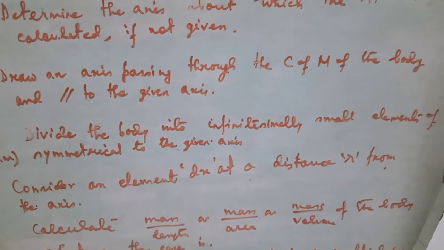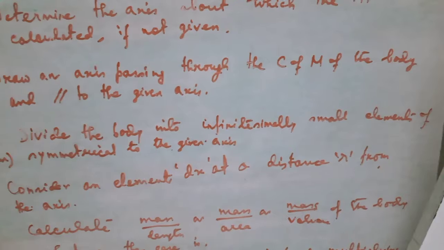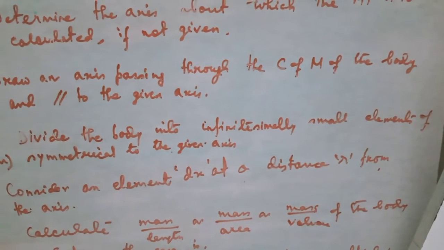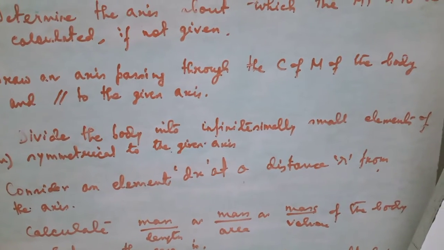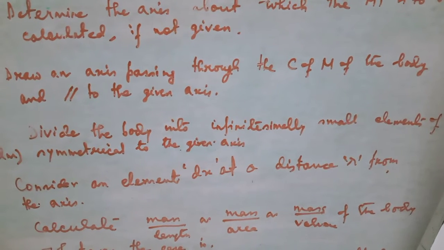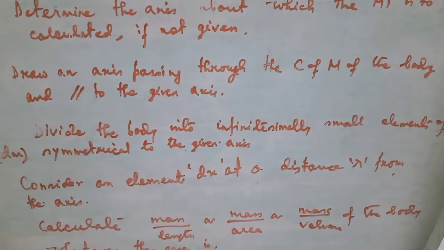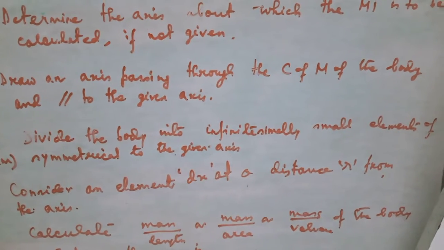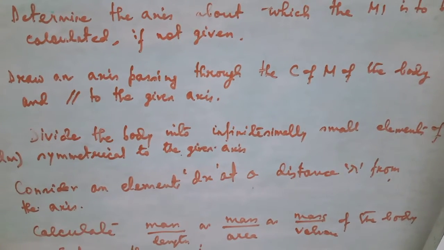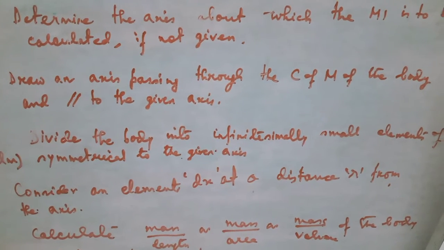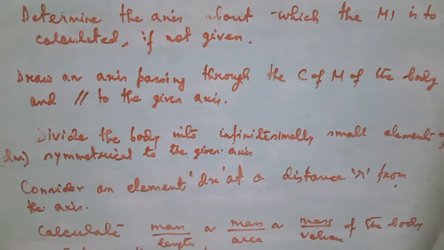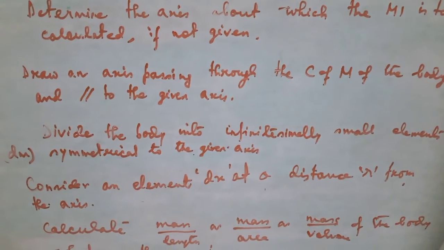Now calculate the mass per unit length, mass per unit area, or mass per unit volume of the body. If it is a rod of negligible width, you calculate mass per unit length. If it is a lamina, you calculate mass per unit area. If you are provided with a sphere, you have to compute mass per unit volume, whatever may be the case.